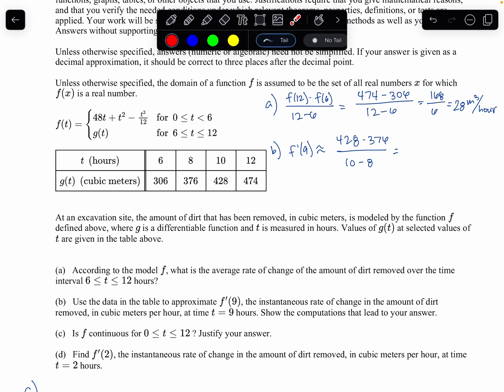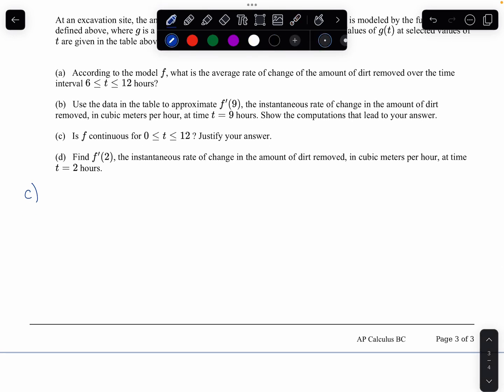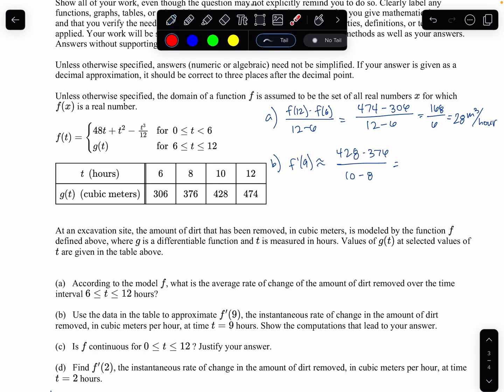I think we just have to use the definition of continuity. So let's see, the limit as t approaches, so we know here that we're continuous. F is continuous from 0 to 6. We can see that here. We know g is continuous because g is differentiable.